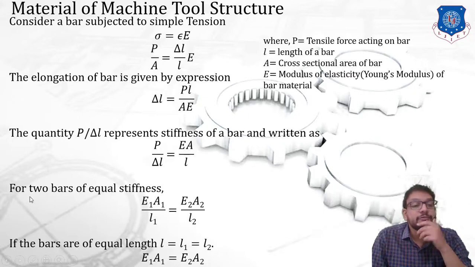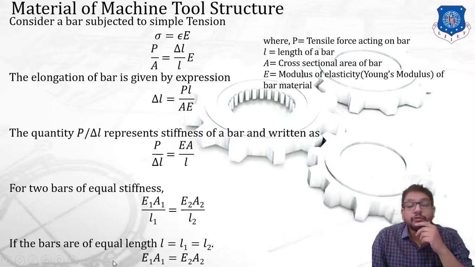Now next, consider two bars of equal stiffness. If stiffness remains the same, this value is also going to be the same for both bars, so we can equate the equations. E1 A1 upon L1, where E1 is Young's modulus for bar 1, A1 is the cross-sectional area of bar 1 and L1 is the length of bar 1, is equal to E2 A2 by L2, where E2 is Young's modulus for the second bar, A2 is the cross-sectional area of the second bar, and L2 is the length of the second bar.